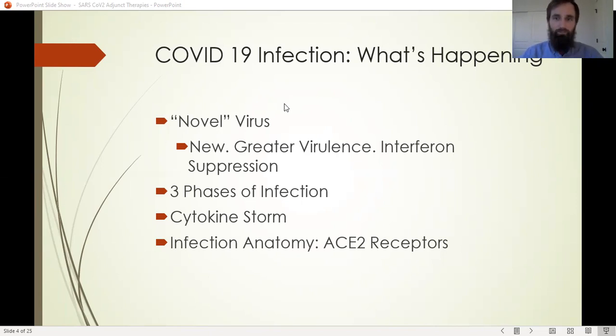So then we talked about the infection anatomy. The ACE2 receptors are what the spike protein is binding to, and the ACE2 receptors are most present in the bowel and the lungs. Also, I didn't mention they're very present in the heart tissue and in your vasculature as well.